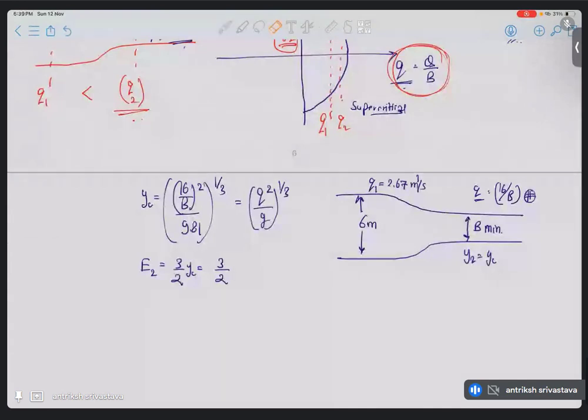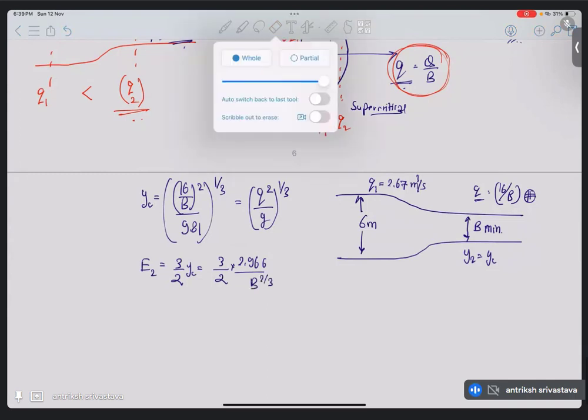So we have 2.966 divided by B to the power 2 by 3. Or let me choose the partial eraser here, otherwise it is going to erase everything. Yeah, B to the power 2 by 3.